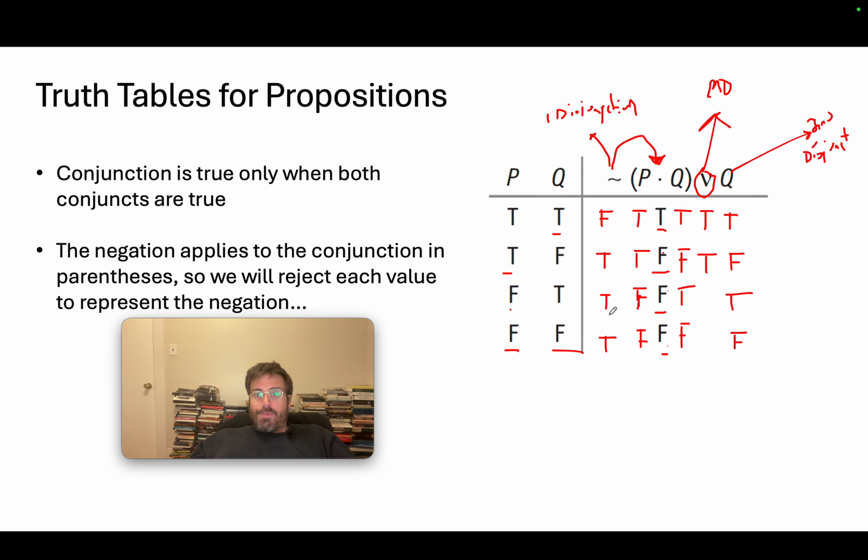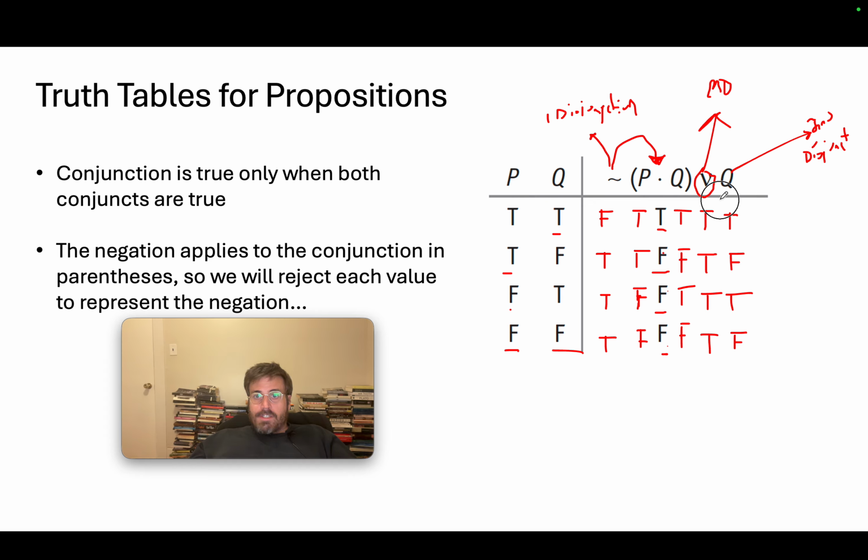On the third row, we have a true disjunct under tilde and a true value under Q, so both of the disjuncts are true, and therefore wedge is true. And finally, on the fourth row, I see a true tilde and a false Q. We have a true disjunct and a false disjunct, so the value of wedge as a whole is true. So this is true on every row.